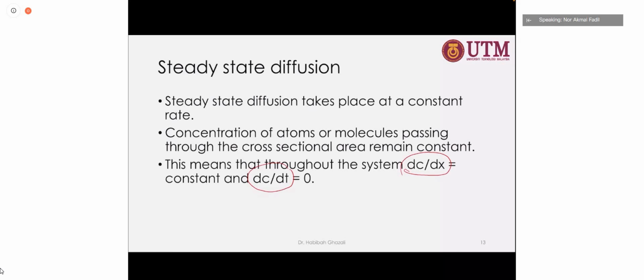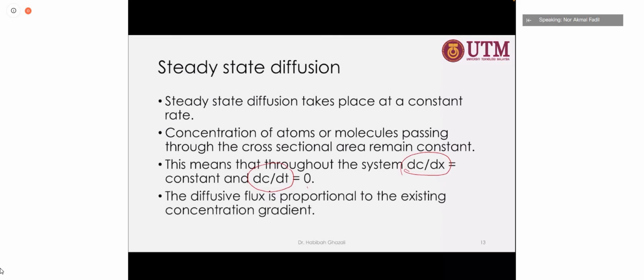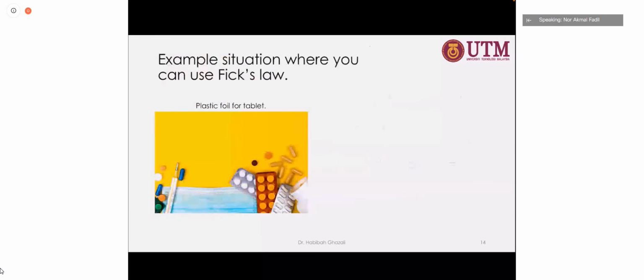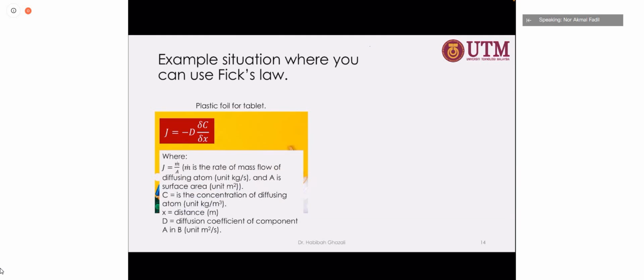It is equal to zero, meaning that it does not change with time. The diffusive flux is proportional to the existing concentration gradient. An example situation where you can use Fick's law is in the plastic foil for tablets.